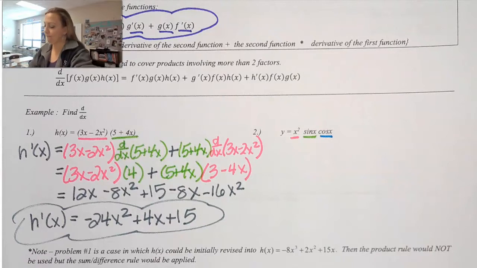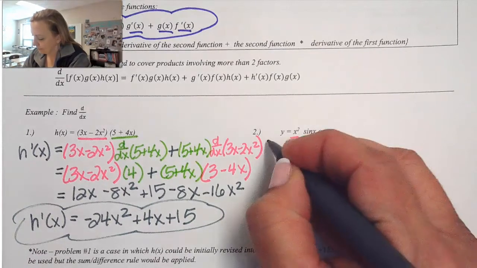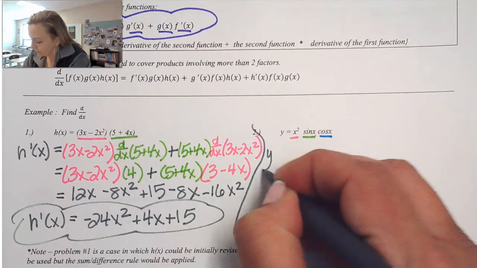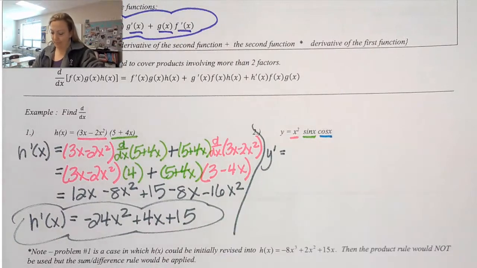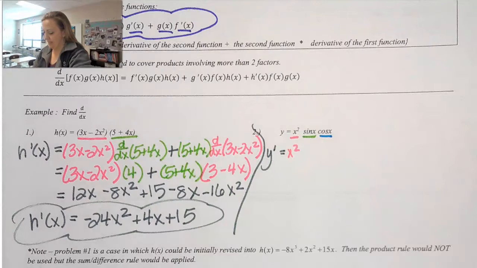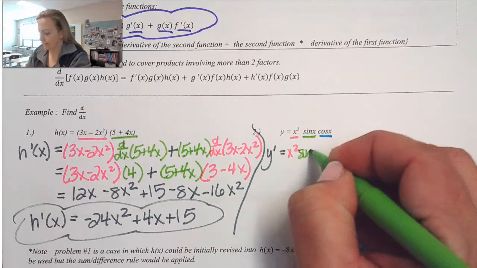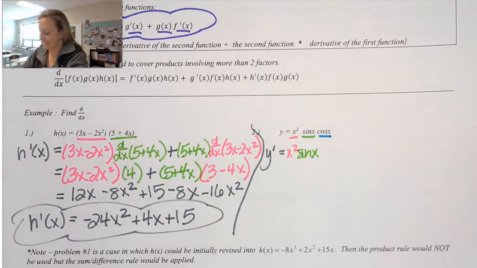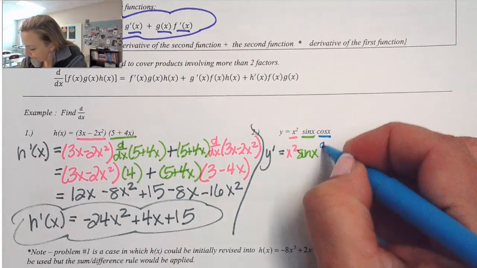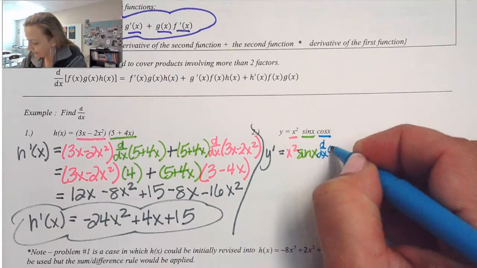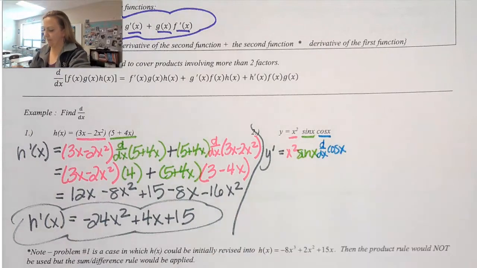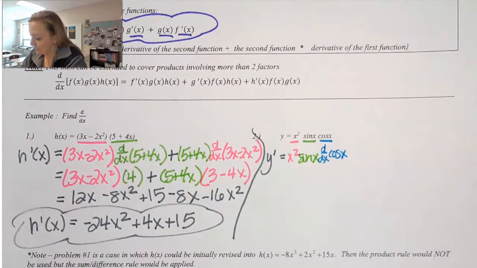So if we want to find y prime, that means that we could take x squared times the sine of x, and then times the derivative of cosine of x, and then do the same thing.